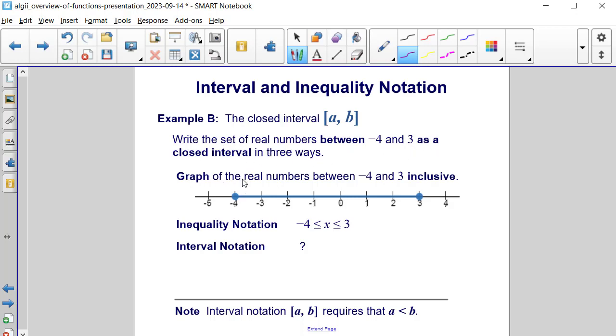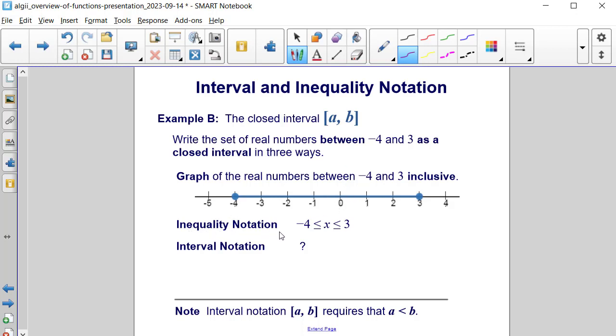So the first way is the graph of the real numbers between -4 and +3 that is inclusive, meaning that it includes both endpoints. So because it includes both endpoints, we use filled in circles on both sides at -4 and +3, and then we shade or draw a line between these two numbers. So that's the first way of representing this closed interval.